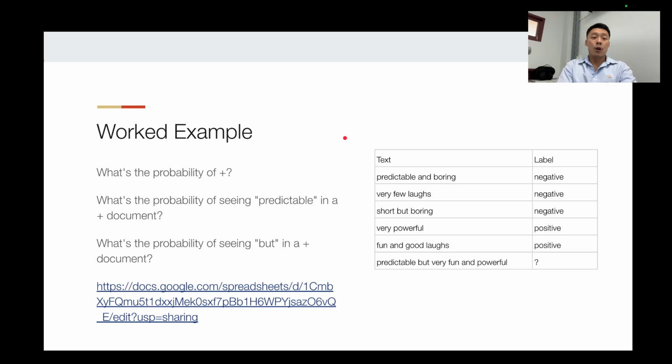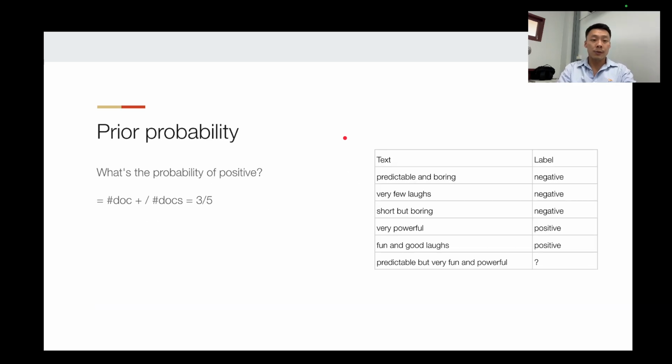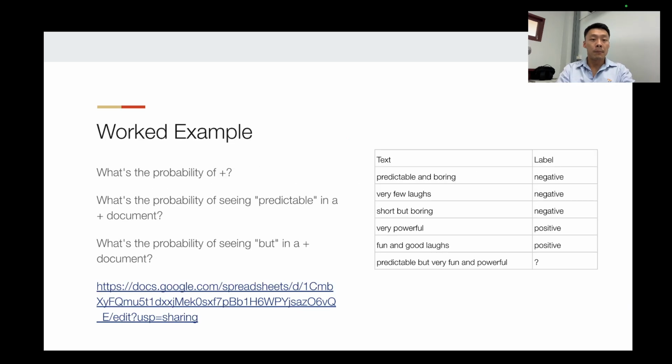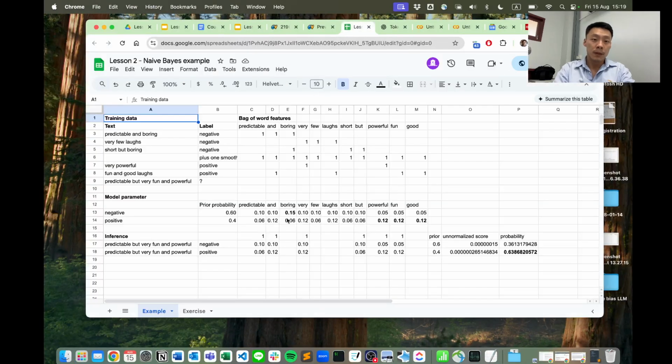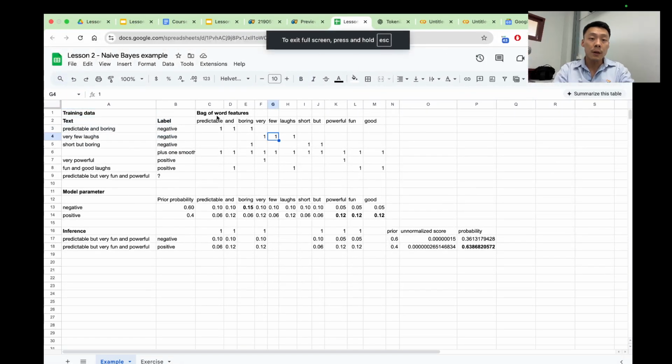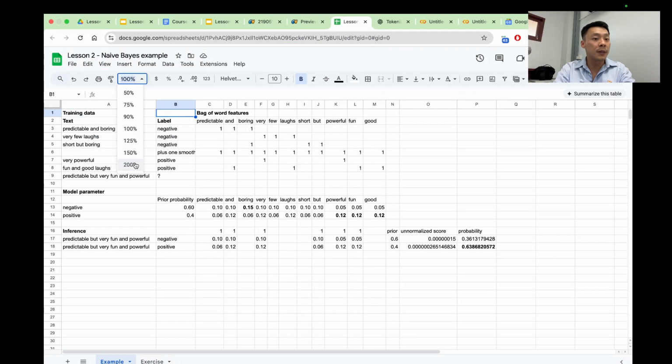Let's look at how we compute that actually. I have the link on here, and I have some example on how to actually compute these things. Let me zoom in a little more.